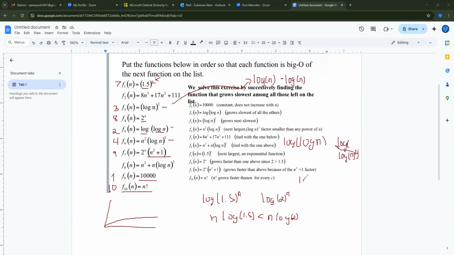So we get log n. Well, that compared to 2 times log of log n. And we see the 2 makes it so that this grows faster than this. Okay.